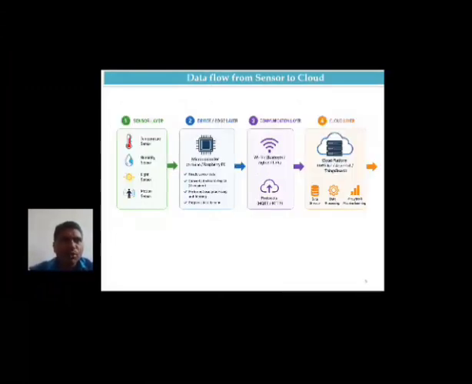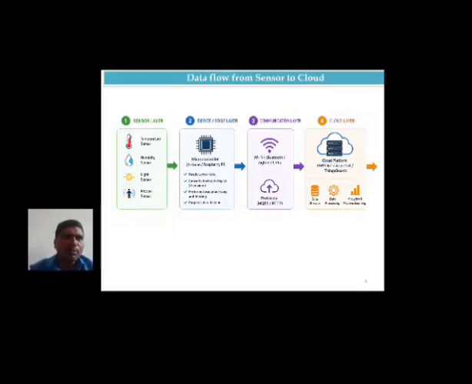Next, the fourth one is a very important layer, that is called the cloud layer. Now the data reaches the cloud platform from the sensor, it passes through the device or edge layer, then the communication layer, and finally it reaches the cloud. In the cloud, the data is stored in a database, then it gets processed, and finally analytics are performed.